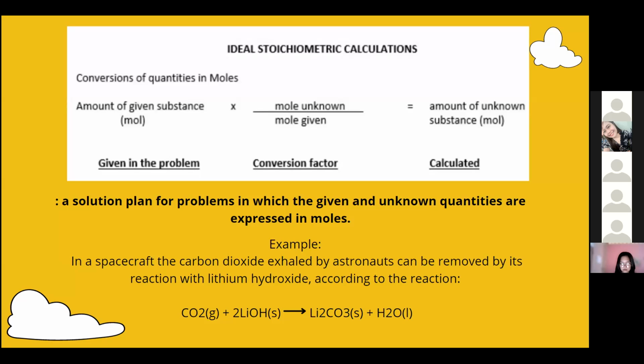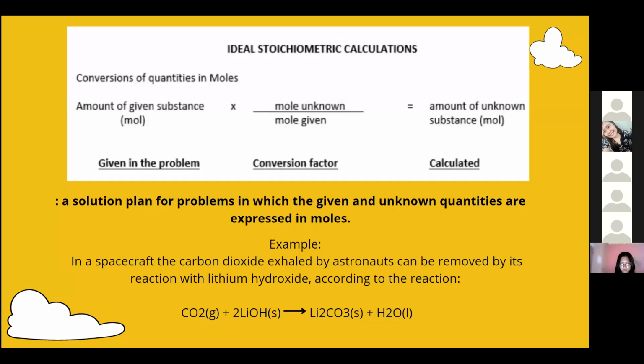Yung need lang natin is yung given and the mole ratio. So we have here the conversion of quantities in moles, which is the amount of given substance, and then times with our mole ratio, it is the mole of unknown over the mole of the given. So we can obtain the amount of unknown substance.